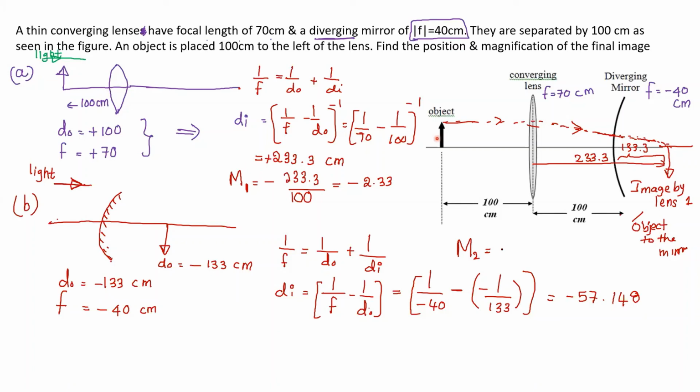For the magnification, you will get negative di over d naught. Di is negative 57, D naught is also negative 133. So negative negative becomes positive, and again you have a negative, so magnification is negative 0.4287.